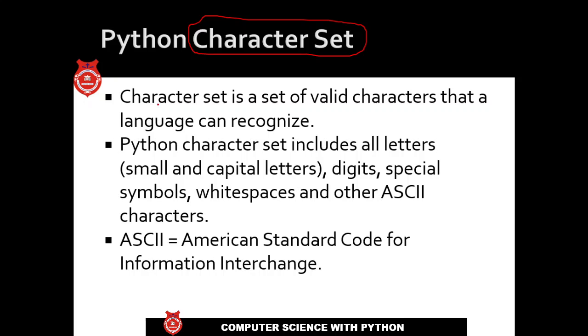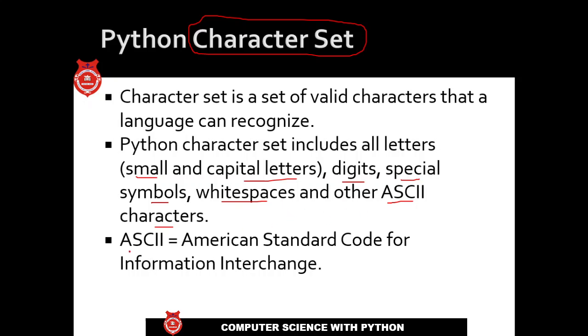Any character from A to Z, whether it is a small letter or capital letter, is accepted in Python, including numbers 0 to 9 and special symbols like plus, minus, multiplication, and also white spaces. When you say white space, it means space bar. And some ASCII characters are also accepted in Python. These are known as Python character sets.